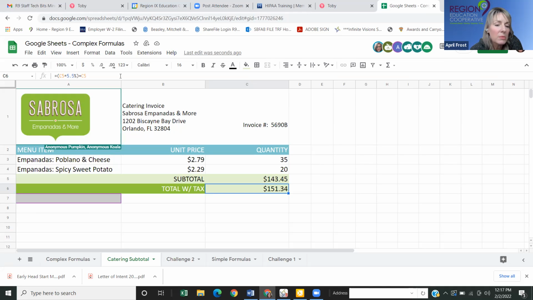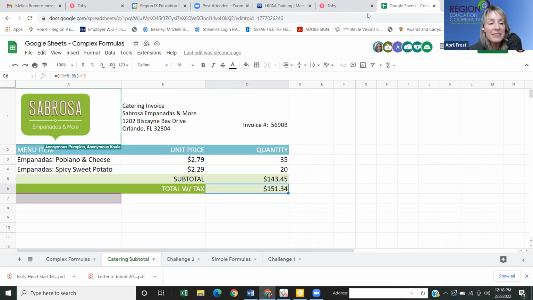So C5, because it was already subtotaled. And then plus C5. Yes, okay, because the parentheses, of course, figures your tax. It takes 143.45 times 5.5%, and then it adds it to 143.45. Okay. Perfect. Thank you. So I was making it harder than it should have been. I apologize. I didn't think that it had a subtotal in there. I've got to read the screen.